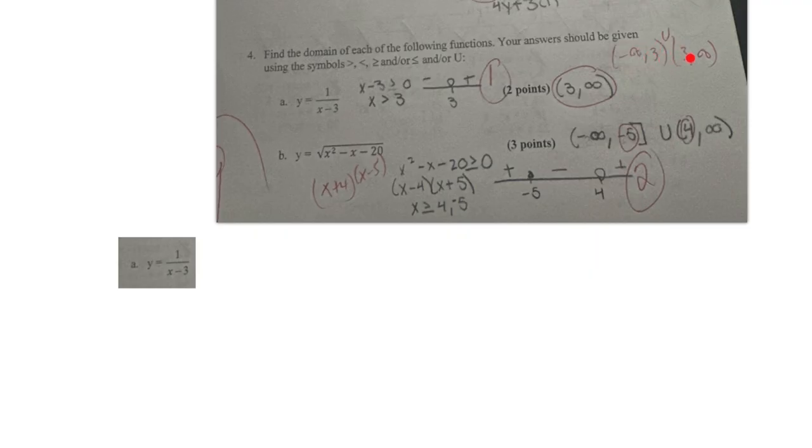Yeah, so when finding domain, there are two broad scenarios you need to be on the lookout for when it comes to whether or not there's a restriction on the domain.